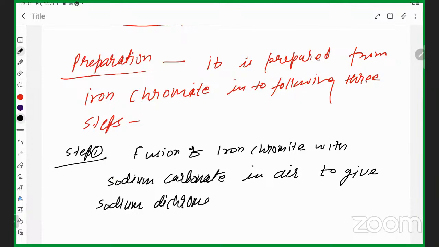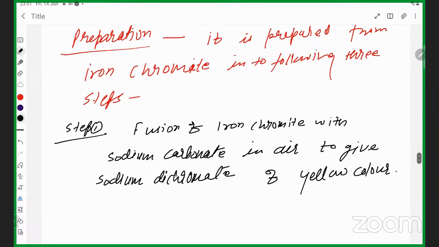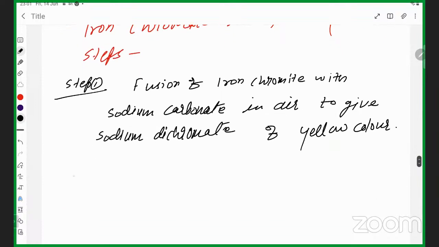It is available in the lab also. Sodium dichromate is of yellow color.